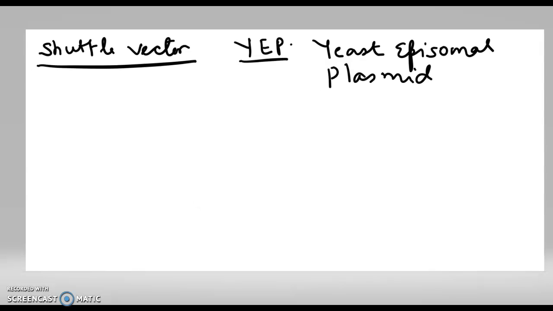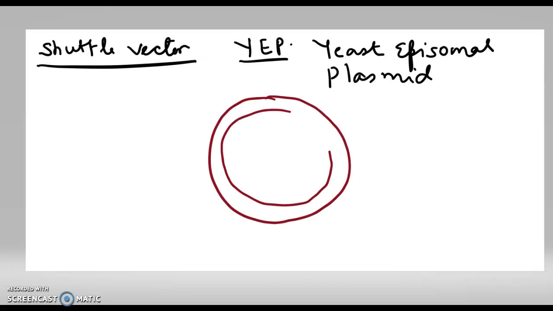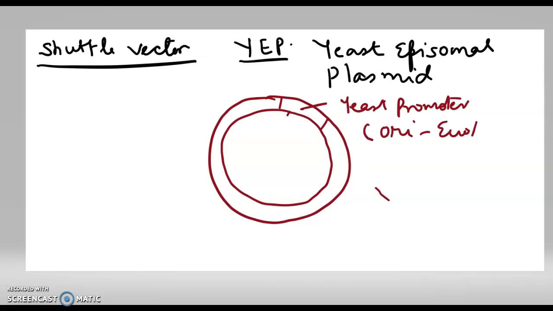Like the other two plasmids, it is also small, circular, double stranded, and it has a yeast promoter, meaning an ori site for eukaryotes and an ori site for prokaryotes also.